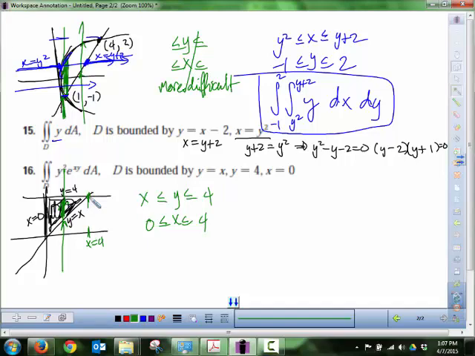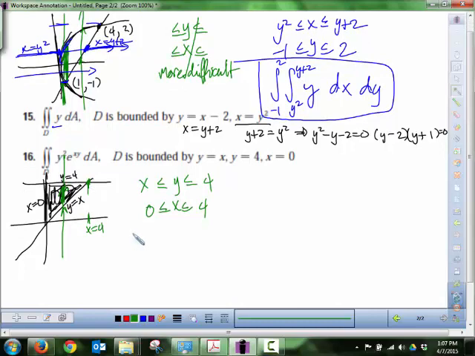So let's see how this is going to look when we put it into our integral. We have y squared e to the xy, and we decided we're going to integrate with respect to y first, and that y goes from x to 4, and then with respect to x, and that goes from 0 to 4.